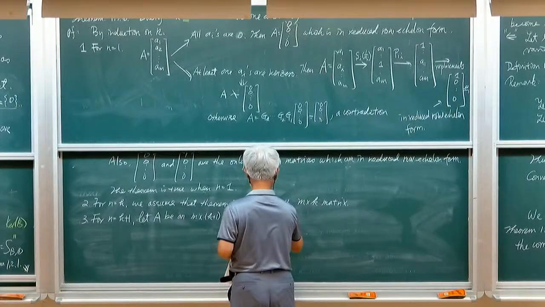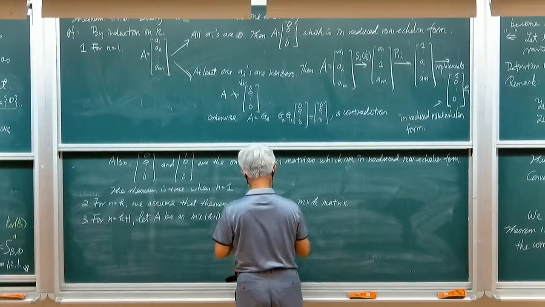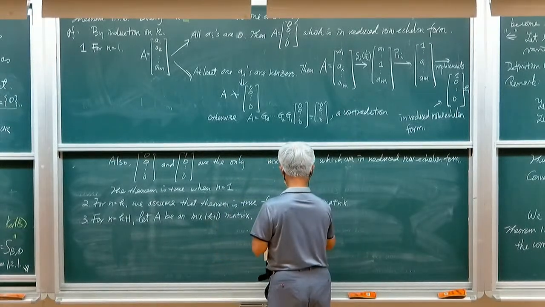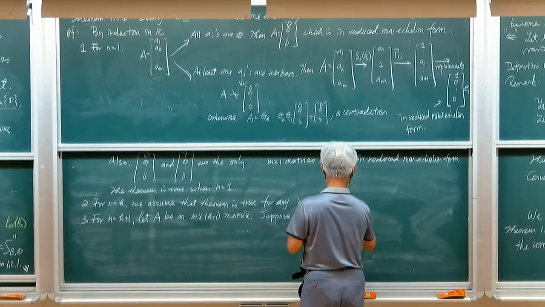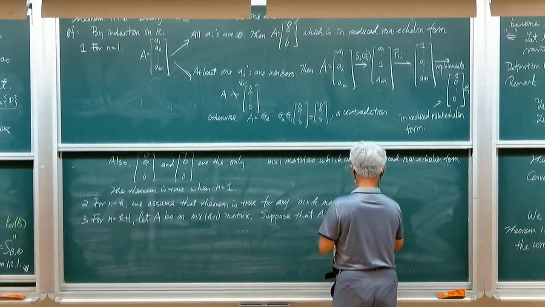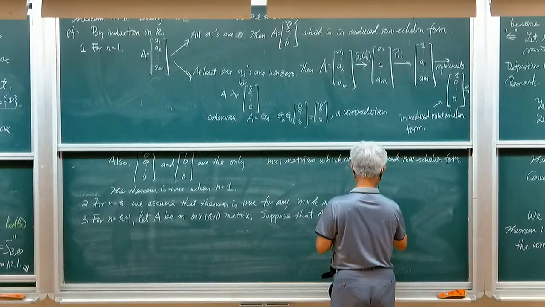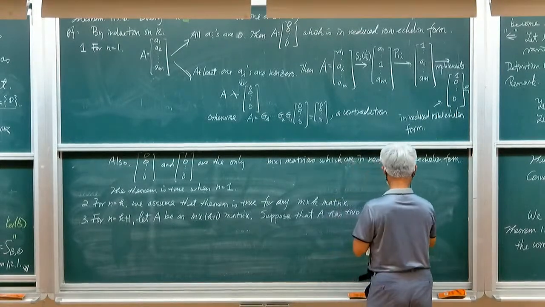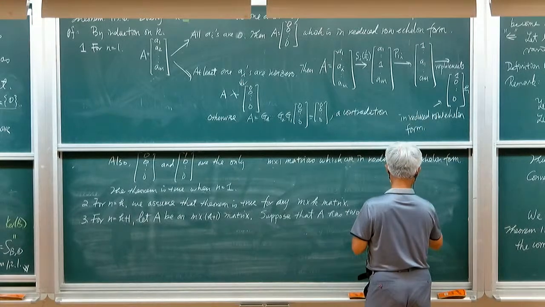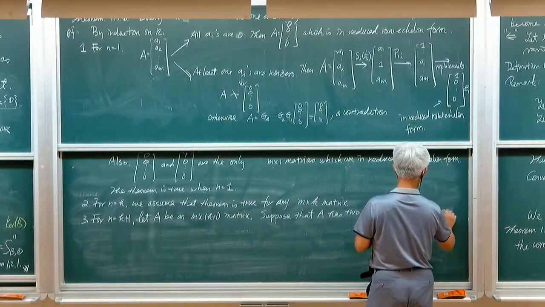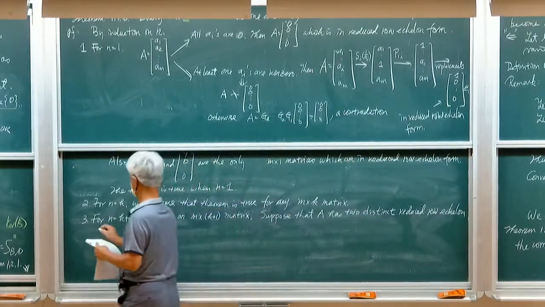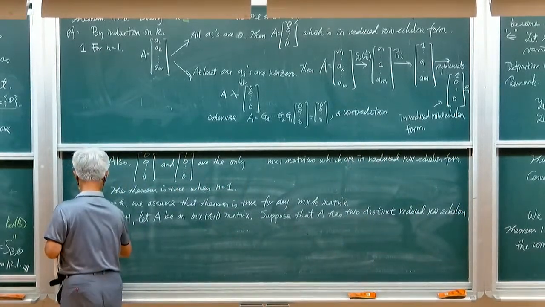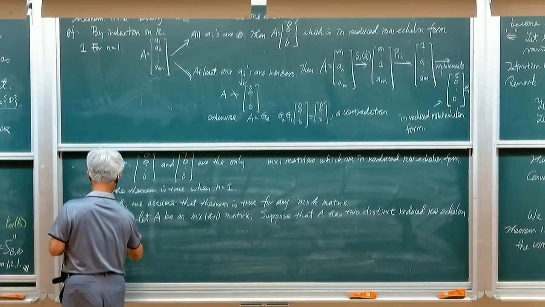We prove this by contradiction. So we suppose that A has two distinct reduced row echelon forms, B and C.